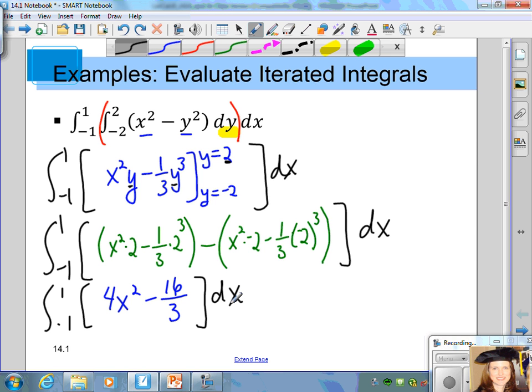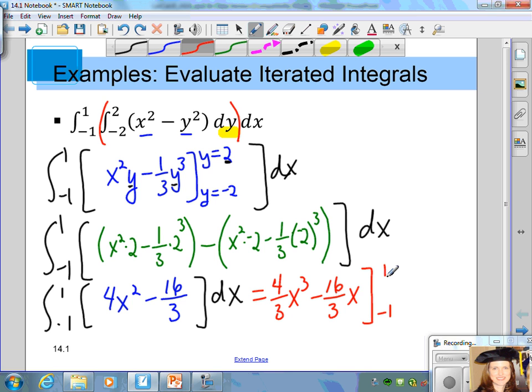And now we have it simplified to a single integral with a single variable. We're going to integrate this with respect to x. When you integrate this with respect to x, treating x as a variable, the antiderivative of 4x squared is 4/3 x cubed. The antiderivative of -16/3 is -16/3 x. And we're going to evaluate that at the bounds from -1 to 1.